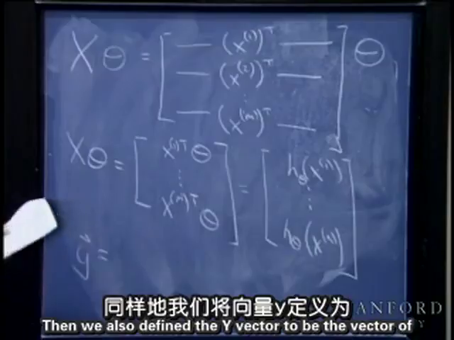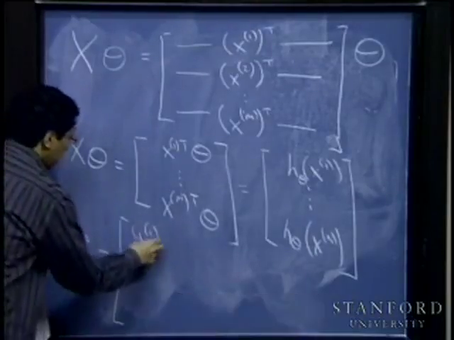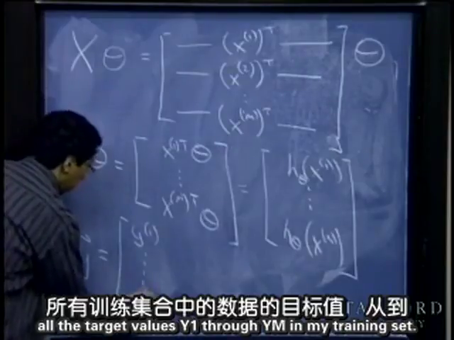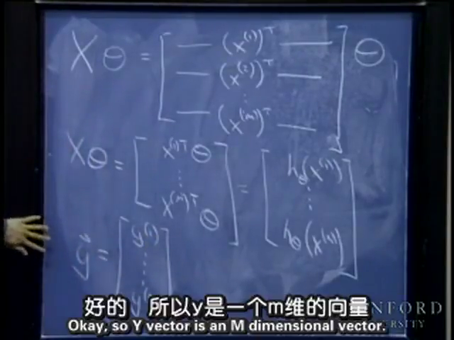Let me also define the Y vector to be the vector of all the target values Y1 through Ym in my training set. Okay, so the Y vector is an M-dimensional vector.